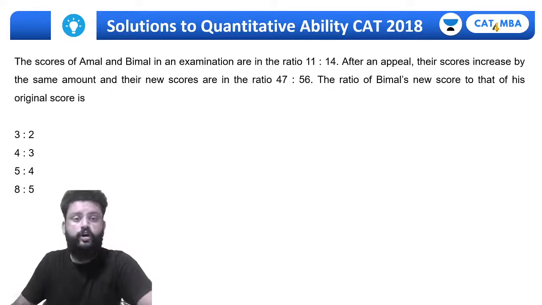Okay, so the scores of Amal and Bimal in examinations are in the ratio 11:14.